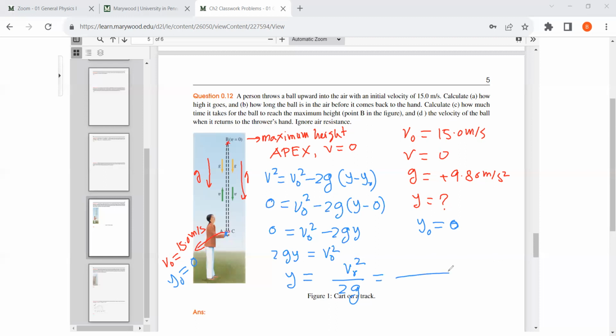If I plug in 15 squared and 2 times 9.80, it should give me 11.5 meters. So the object will go 11.5 meters up. How high does it go? It goes 11.5 meters.